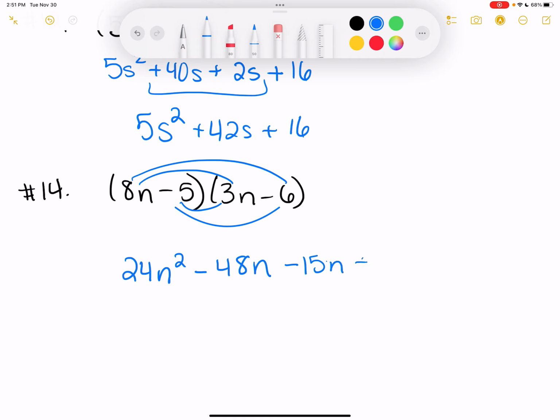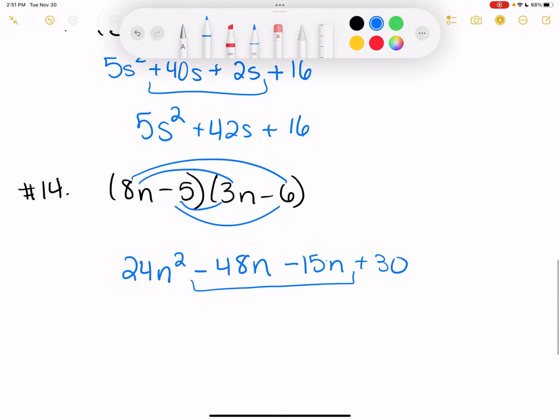What else did I do wrong? I don't know, but the last part was minus 15n plus 30. I got that. So then combine the middle. Oh, look at the answer up there. I got the same thing. Oh, I forgot to combine. Joey did it right. Definitely.